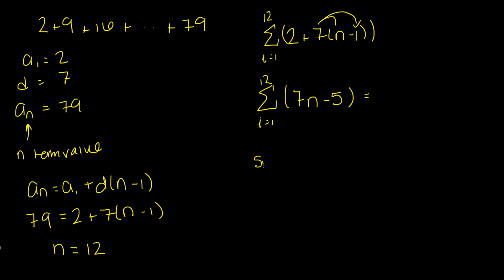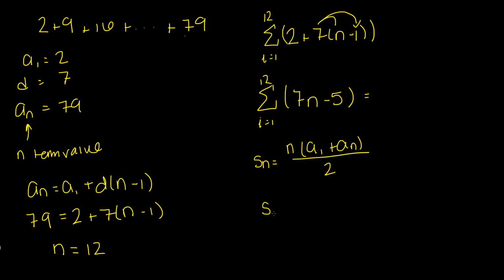So S of n is going to be equal to n times a1 plus an, divided by 2. So we're going to do the number of terms times the first term plus the last term, divided by 2.